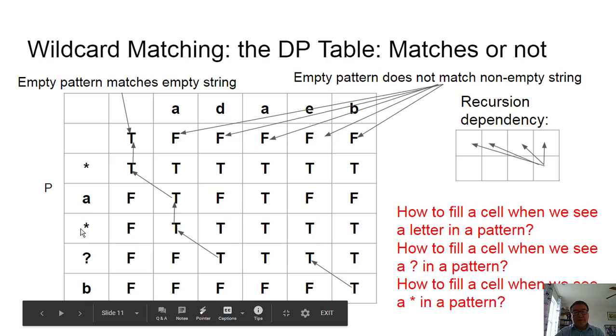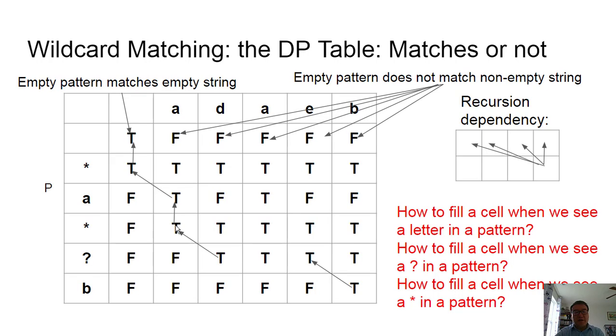So star is the hardest thing to deal with. When we have a star, it can match anything, any length. So for example, if we have this star, the prefix of the pattern can match anything up to now.